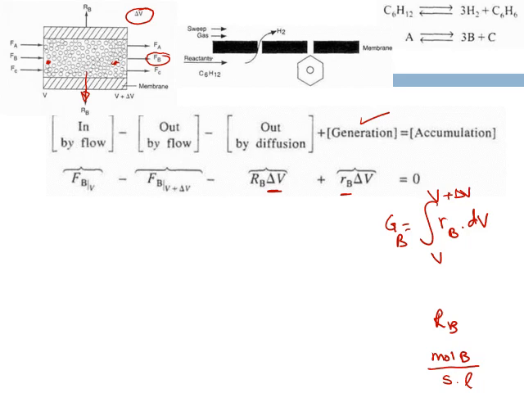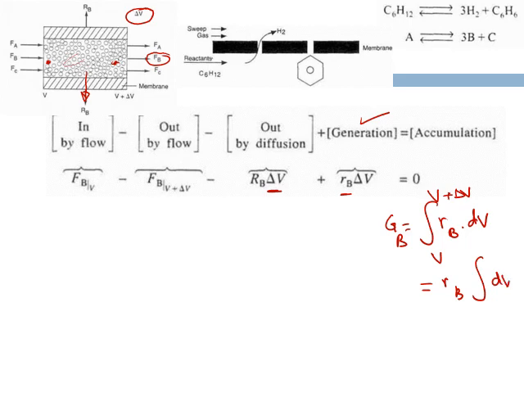So again, let's integrate this. But we said that this differential volume is very small, and the concentration of A, B, and C is the same everywhere because this is so small, right? Therefore, the rate of reaction is the same everywhere. So the rate of reaction is not a function of volume, so the RB goes outside the integration.